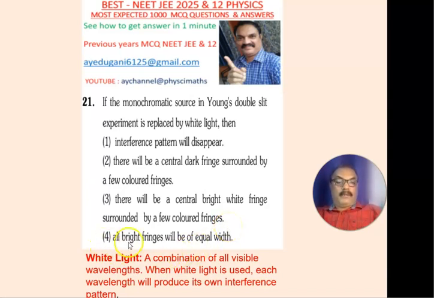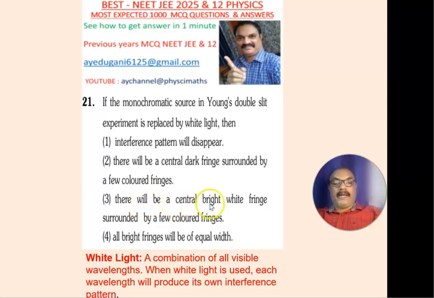Then the fourth one, all bright fringes will be of equal width. The answer: white light is a combination of all visible wavelengths. When white light is used, each wavelength produces its own interference pattern. So the third one is correct.